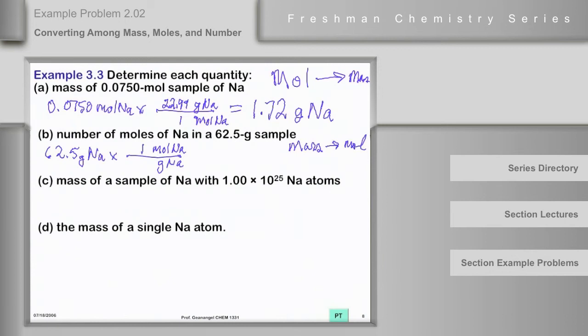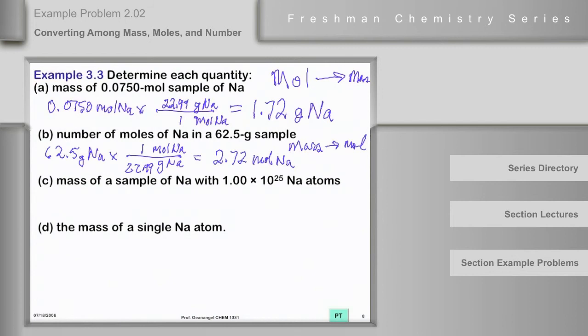So that's 1 mole, 22.99 grams. And when I did the arithmetic, I got 2.72 moles of sodium. So that's just the inverse of the first one here. B is the inverse of A.